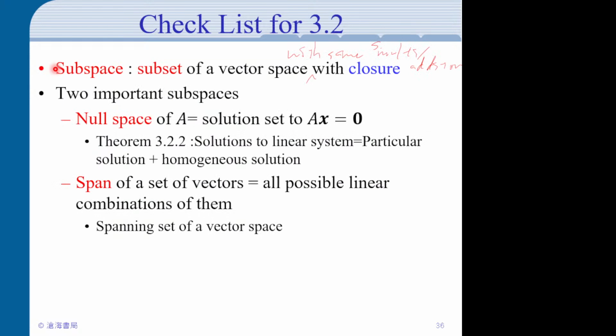And anyway, we give 2 examples of subsets here, and obviously in the homework you also see a whole bunch of things to test whether they are subspaces or not. And we have 2 important subspaces. First one is the null space of A. Null space of A is a subspace of Rn. That's the solution set to Ax equal to 0.